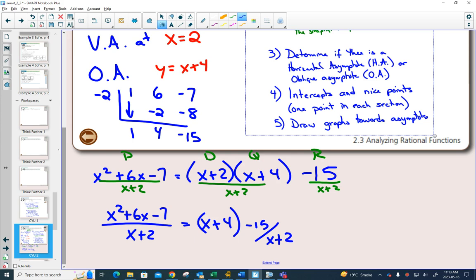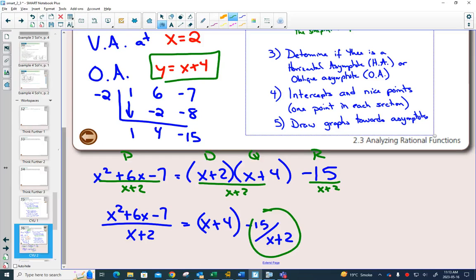And your horizontal and oblique asymptotes tell you what happens when x gets really, really big. What happens as x gets really, really big in this one? You're left with x plus 4, and that will be 0 if x is really big. Does that make sense that if you put a very big number into there, that will be 0? And you're left with just y equals x plus 4.